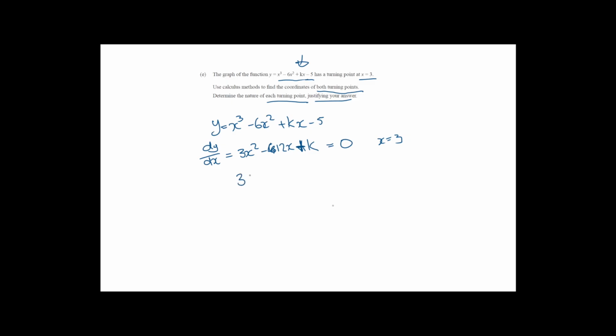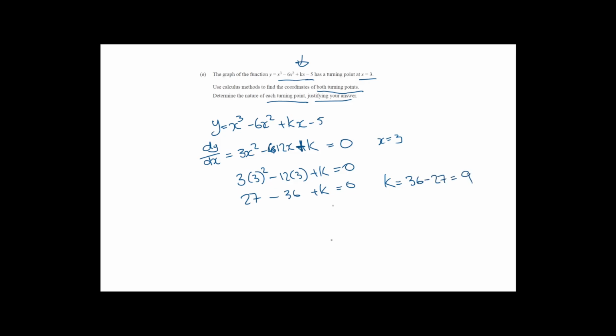So 3 times 3 squared minus 12 times 3 plus k equals 0. 3 squared is 9, 3 times 9 is 27, 12 times 3 is 36, plus k equals 0. So k is going to be equal to 36 minus 27.